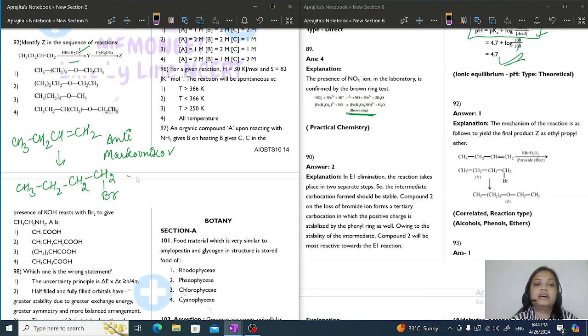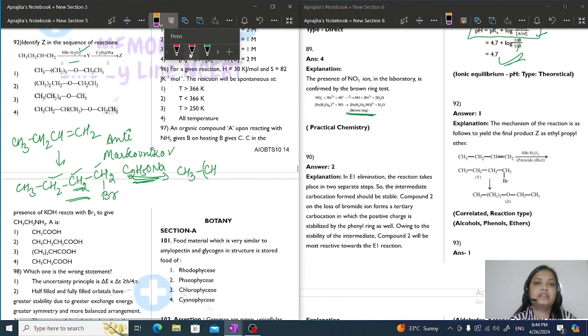Now we are adding sodium ethoxide to it. The reaction between an alkyl halide and sodium ethoxide to form an ether is called Williamson synthesis. So here I can write CH2 thrice, because there are 1, 2, 3 groups, followed by O and C2H5, meaning CH2, CH3, and NaBr will be removed.